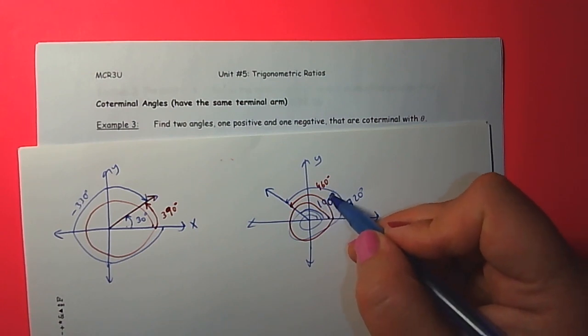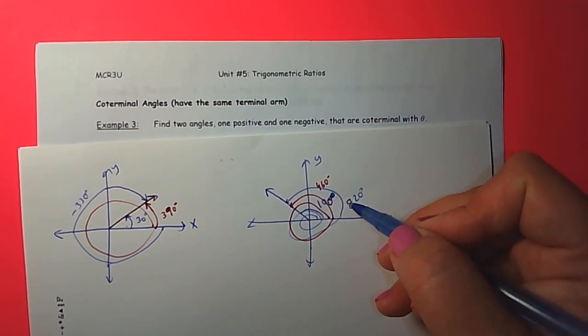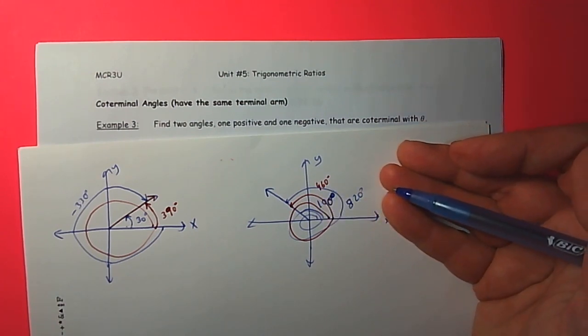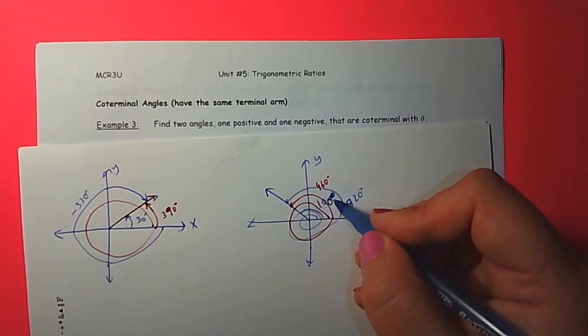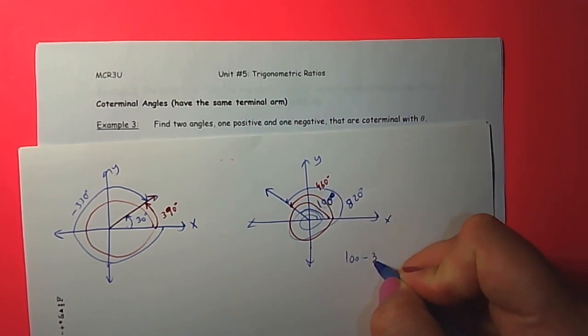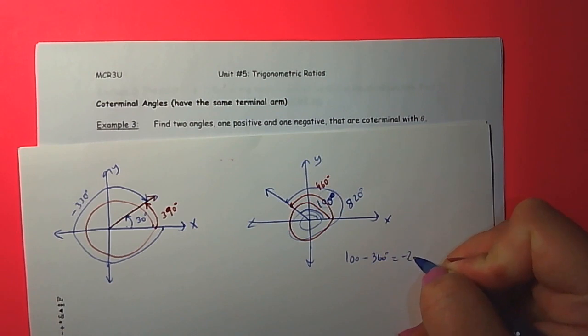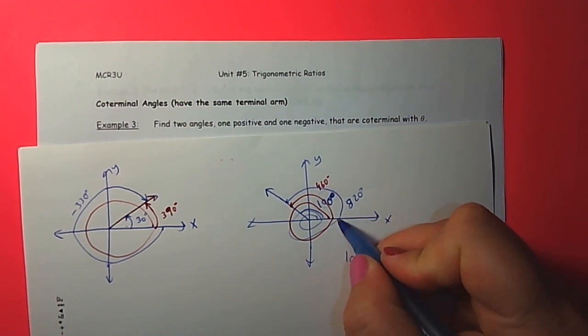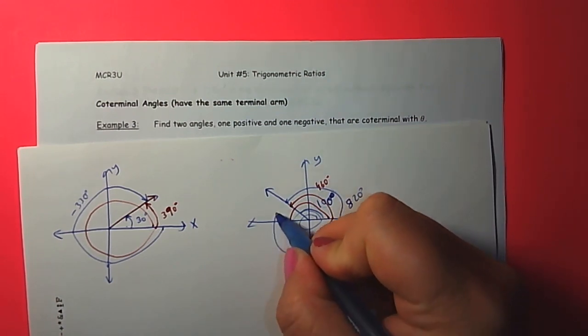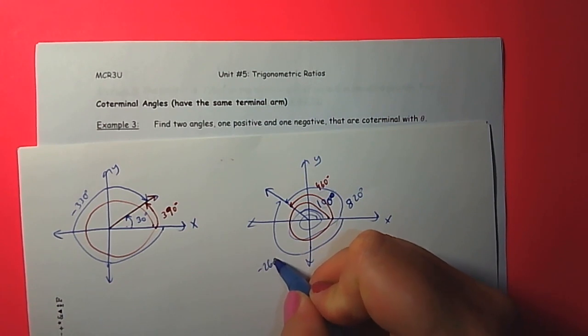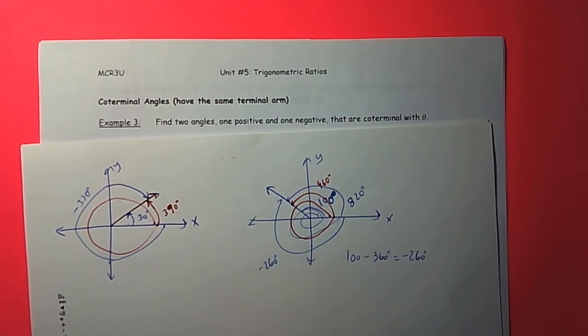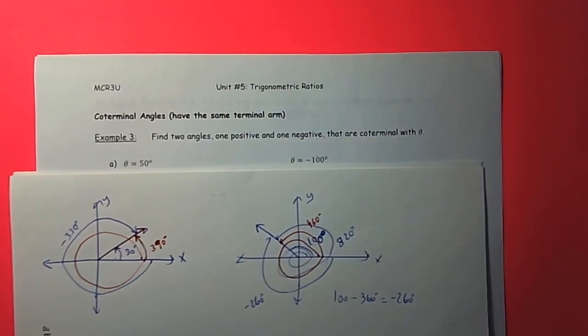Also, you can subtract multiples of 360 and they would also give you other coterminal angles. Let's say 100 minus 360 is negative 260. If you were to sketch it, you would go this way, and that is negative 260. Again, those coterminal angles are not the same angles, but their trigonometric ratios are the same.